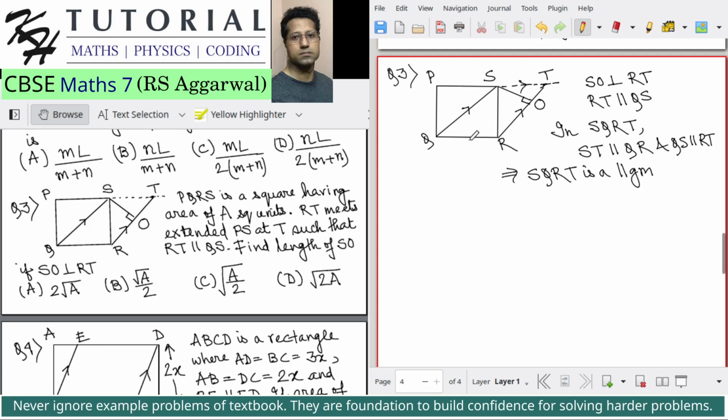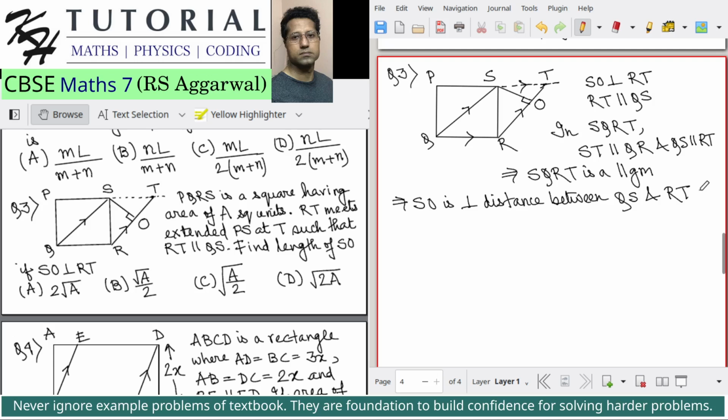So definitely SO is the perpendicular distance between the pair of opposite parallel sides QS and RT in the parallelogram SQRT.